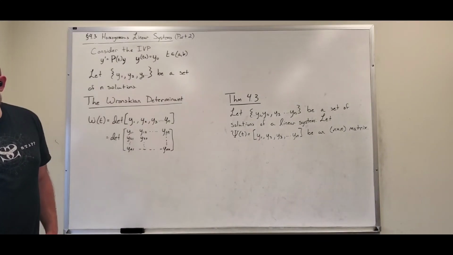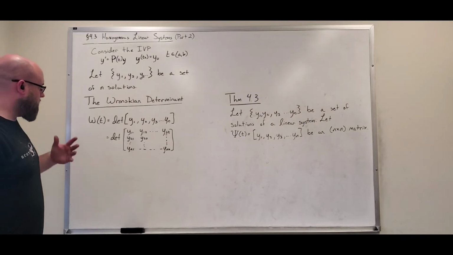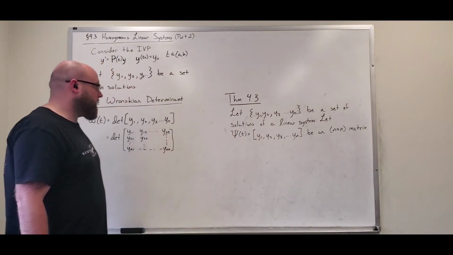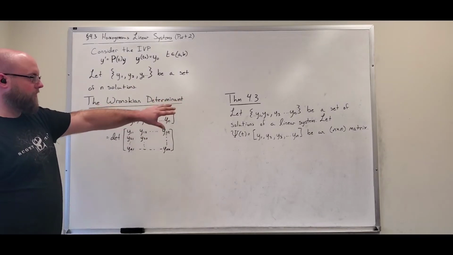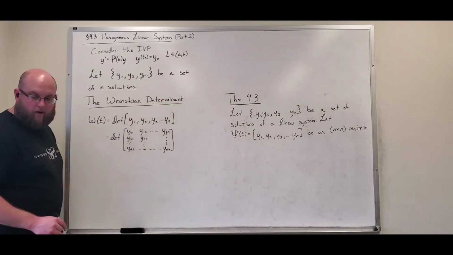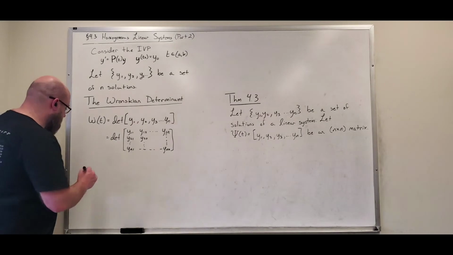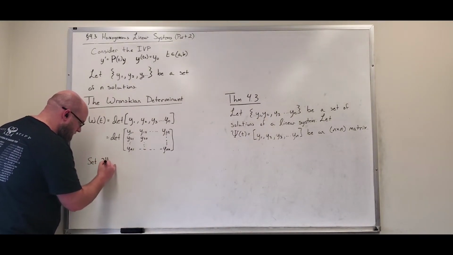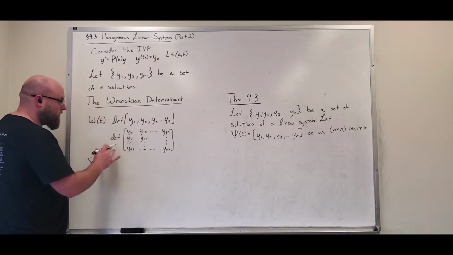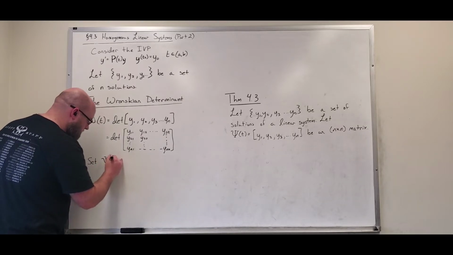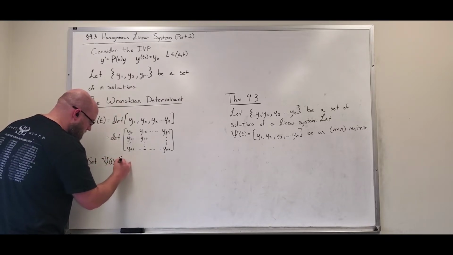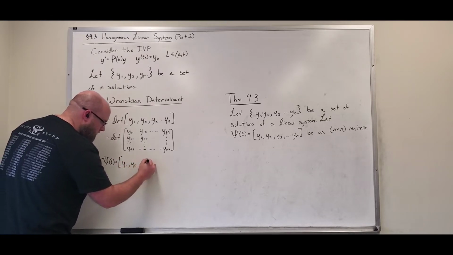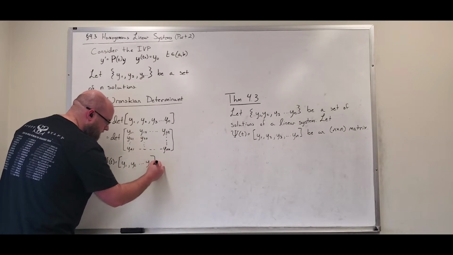So we take the determinant of this. To help us with notational difference, and I'm not going towards that theorem yet, we're going to set psi equal to this particular column form of y1, y2, up to yn.